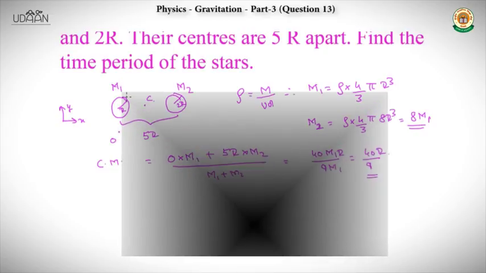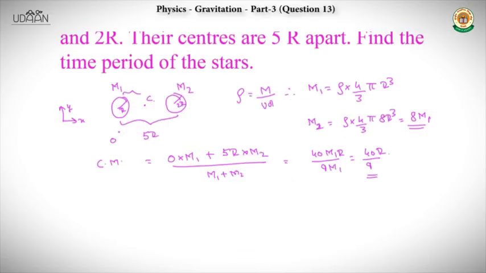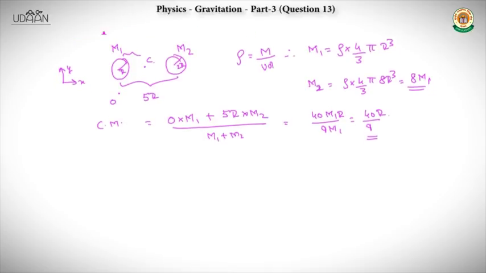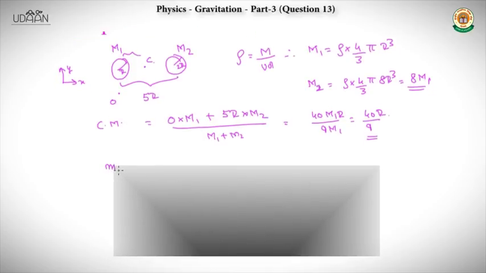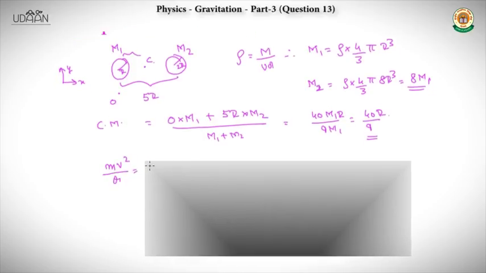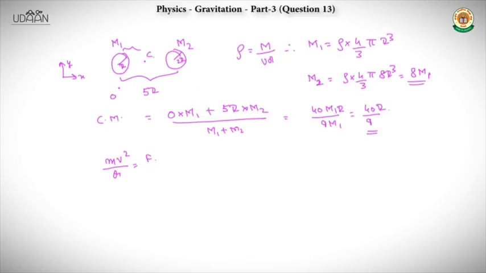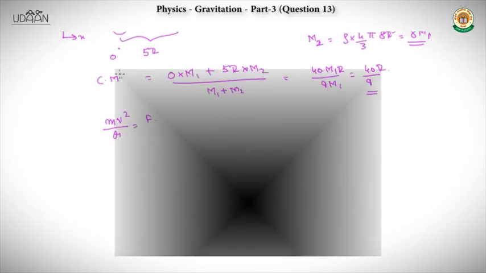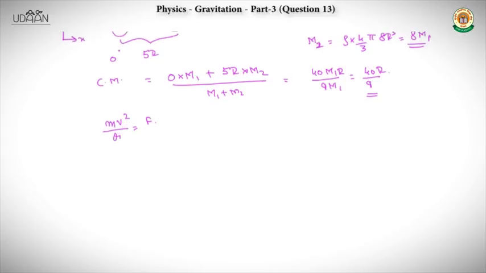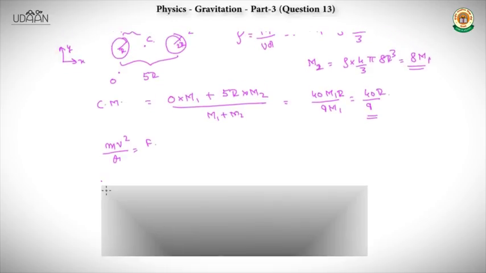Okay, we have the center, we have got this distance, and we have to find the time period. Correct. So अभी इसके बाद we'll use the centripetal force वाला equation. m v square upon r is equal to force, the universal equation. So force in this case would be only due to the gravitational force. Correct. So I'll write it down. M पता है हमें, we'll find it for m1, okay? In the beginning we'll find it for m1. So m1 into velocity is unknown.